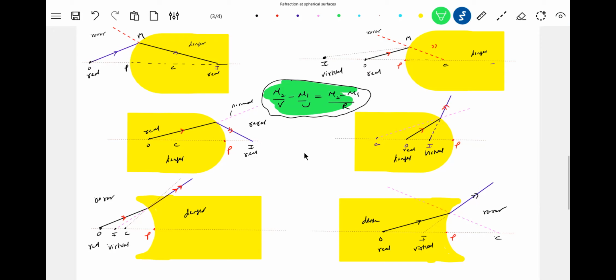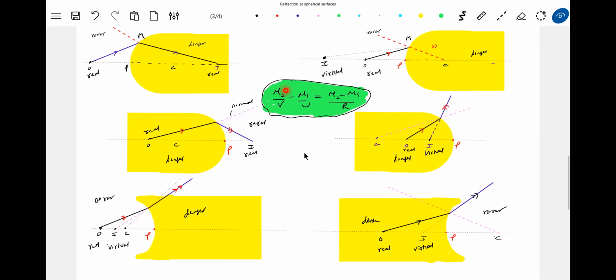I'm just giving some description. Maybe when we get into numericals, you'll be in a far better position to know how to use this particular formula. I just wanted to show you, irrespective of whether the object is kept in rarer or denser medium, object facing a convex surface or concave surface, this formula is applicable. What is mu2?